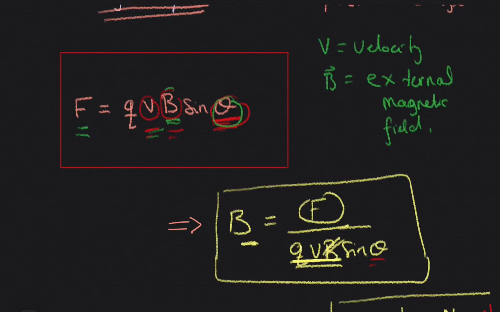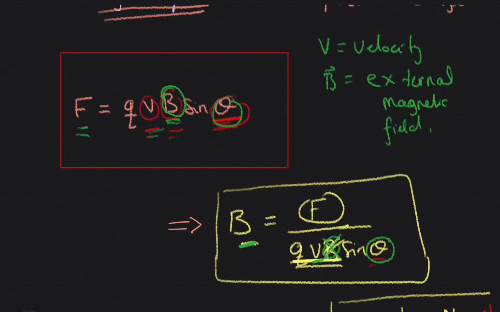When I rearrange this equation for B, I have B is equal to F divided by QV sine theta. Again, the angle between B and V.